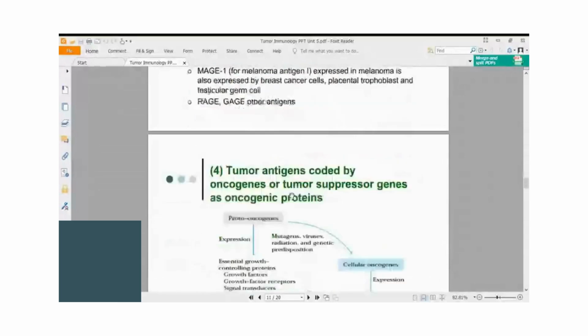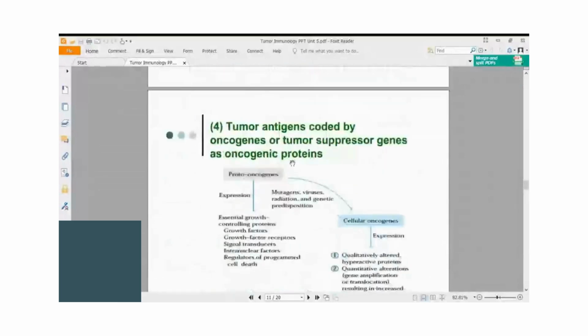Then comes the fourth type of antigen. The fourth antigens are expressed by the proto-oncogenes. All of us carry these proto-oncogenes, but they are not cancerous genes. They are normal genes.